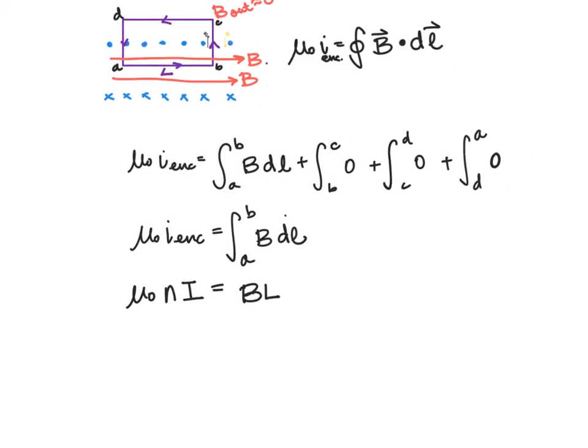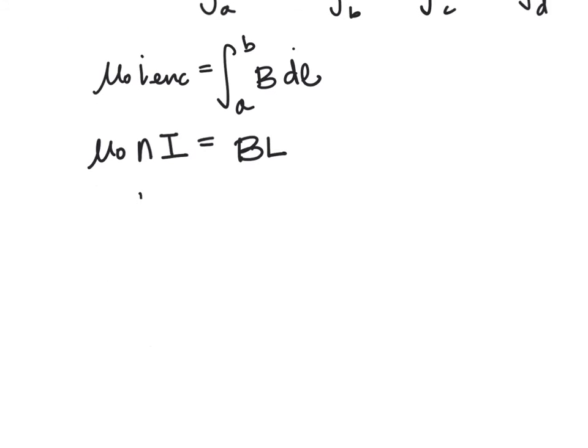And so then the magnetic field deep inside the solenoid would be mu naught N times I, the full current through the solenoid, divided by the length. Now, this number of loops should be represented by a capital N, so I made that correction there.